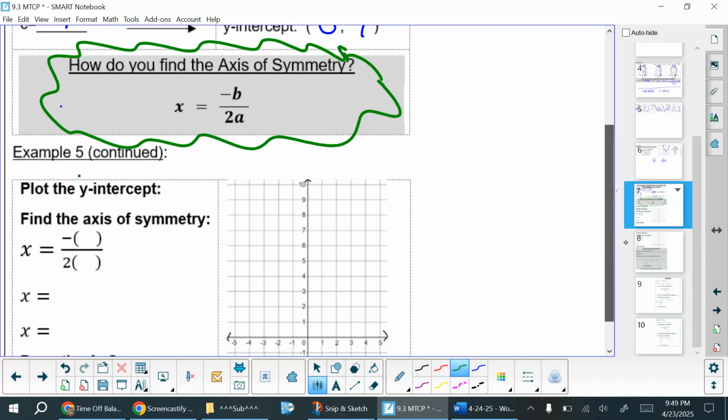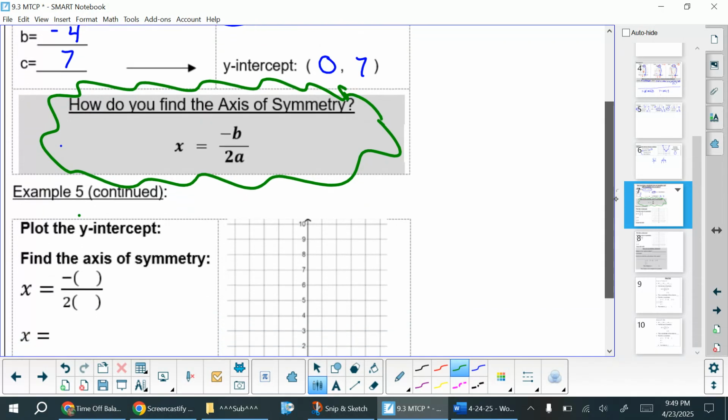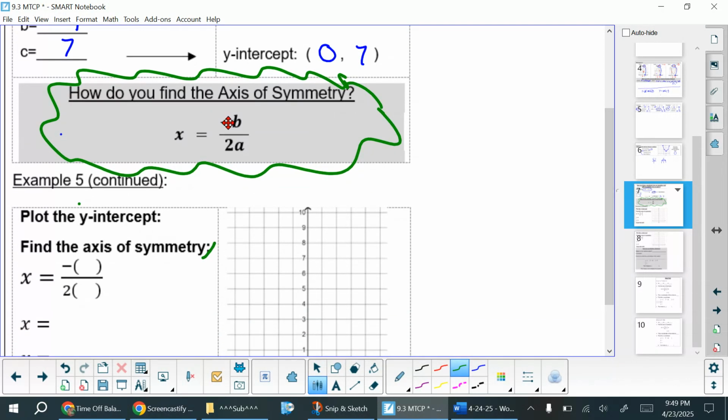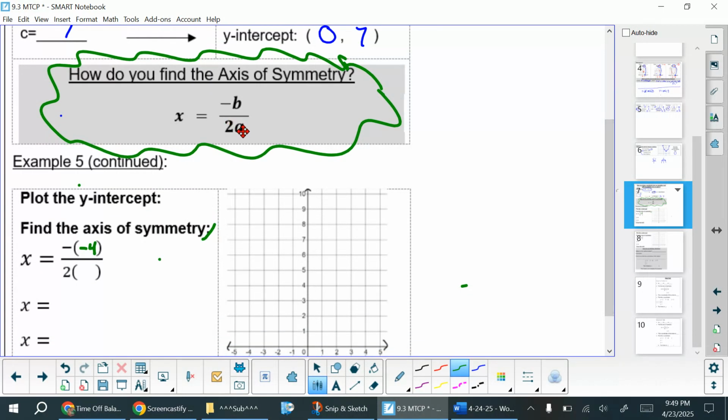So what we're going to do here, since we know a is 1 and b is -4, I'm going to plug those numbers in. Now here the key is, it's the opposite of b, negative b. So negative -4, because b is -4. And then 2 times a, 2 times a was 1. Just like any other point in the year, when you saw a negative, that is going to turn into a positive.